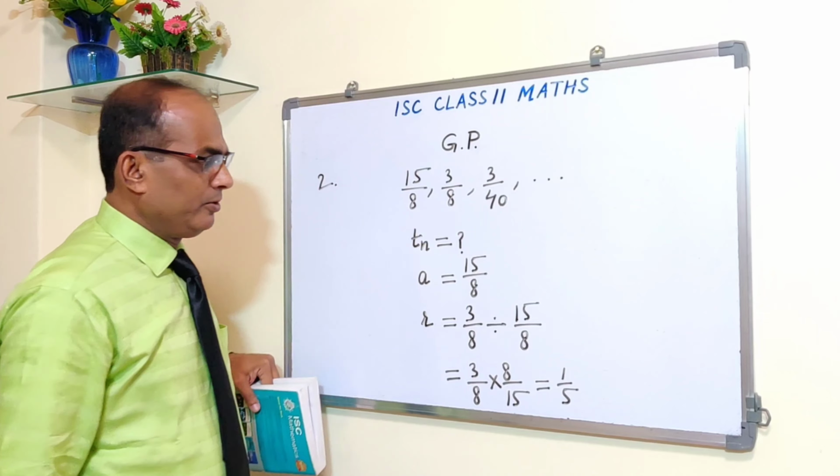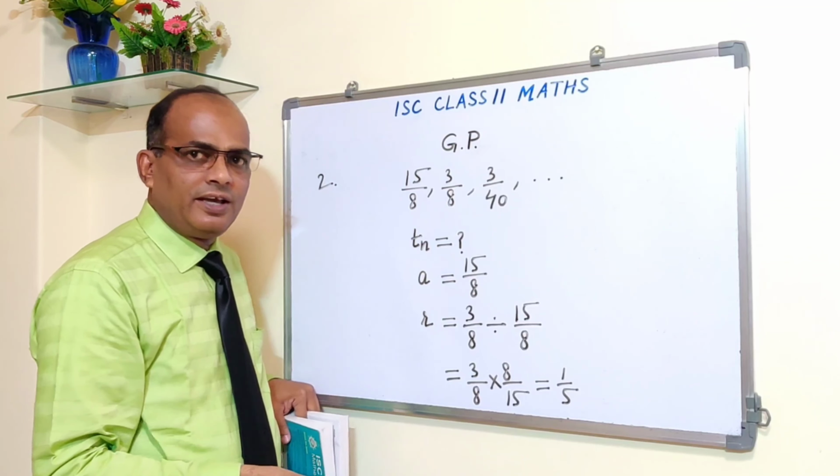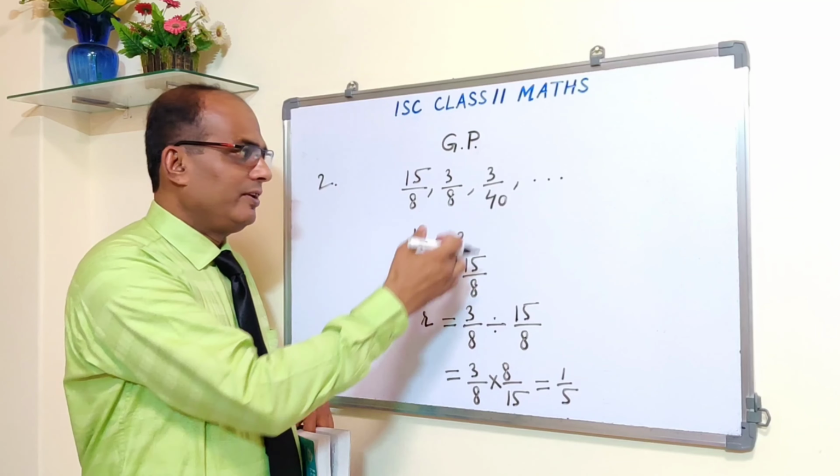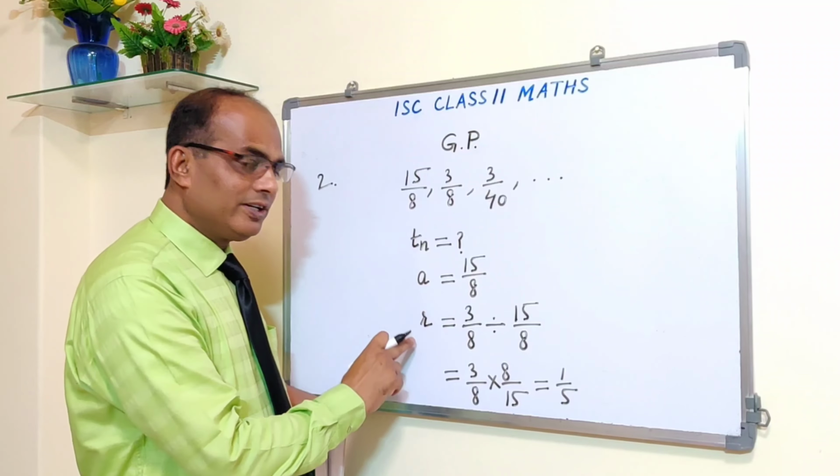So R you got 1 upon 5. If you take this upon this, then also you will get 1 upon 5. You can check it. This upon this, again you are getting 1 upon 5. So we got the first term A, we got the common ratio R.